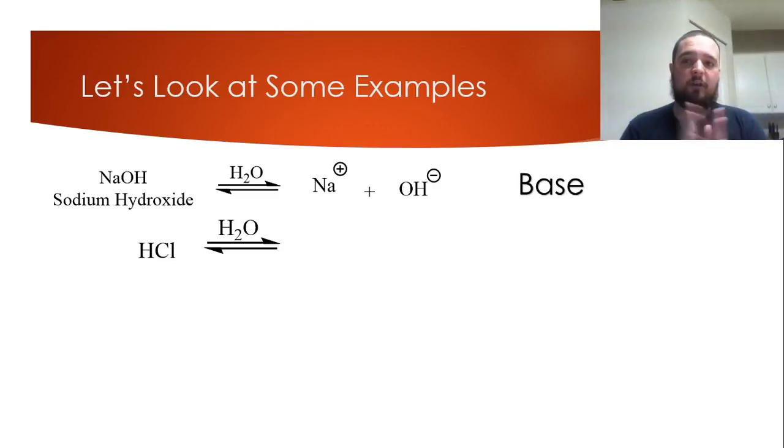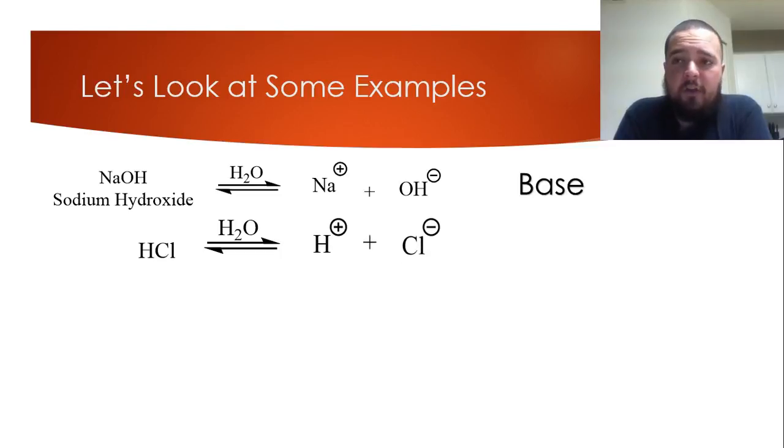So we have this substance and it's in water. Again, take a second, think about how this is going to react in regards to our Arrhenius definitions of acids and bases. All right. So it dissociates into hydrogen ion and this negatively charged chloride ion. Since it produced hydrogen ion, we know for a fact that it is an acid, correct.